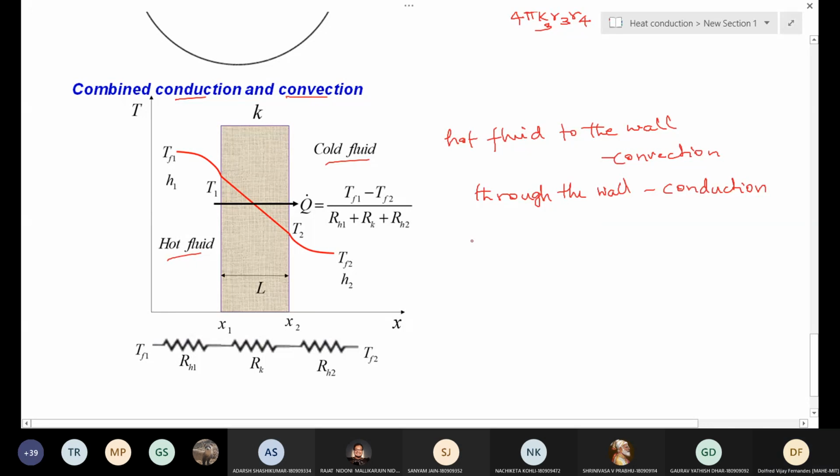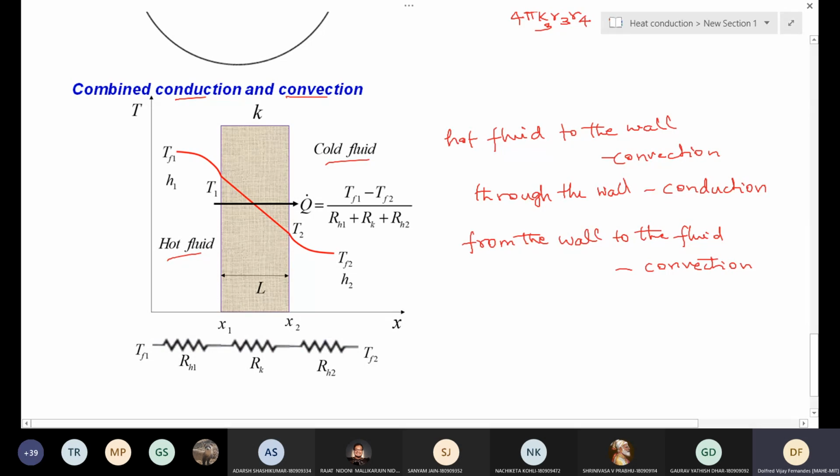And from the wall to the fluid, convection. So this is how the heat transfer takes place.